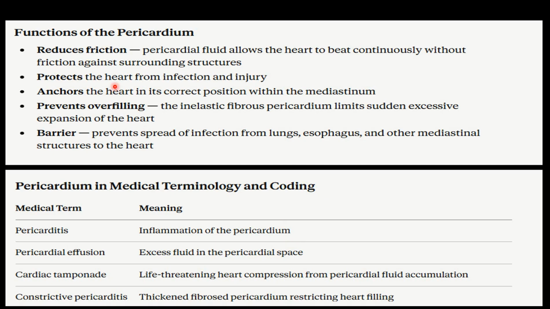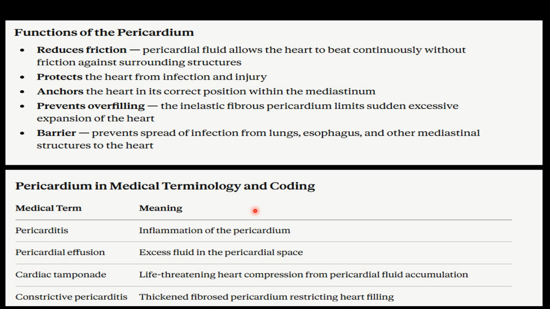Now let's see the functions of the pericardium, and then we will see the common terms related to medical coding, although there are so many terms. Function-wise, the pericardium reduces friction, and pericardial fluid allows the heart to beat continuously without friction against surrounding structures. It protects the heart from infection and injury.